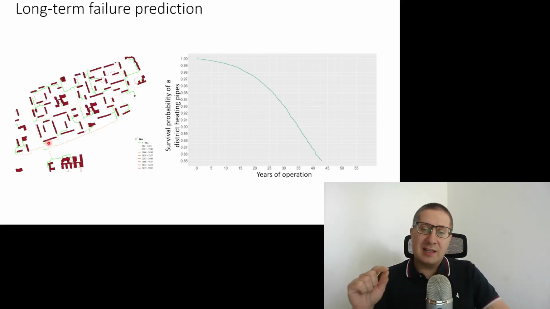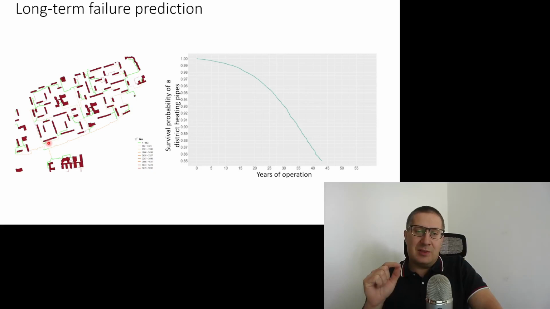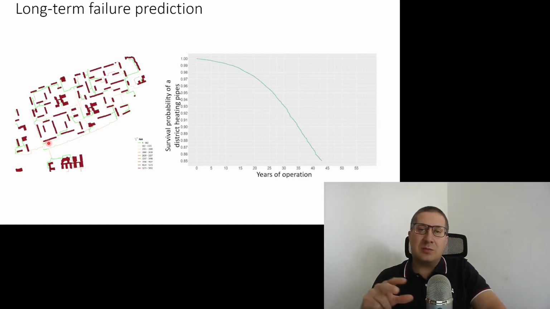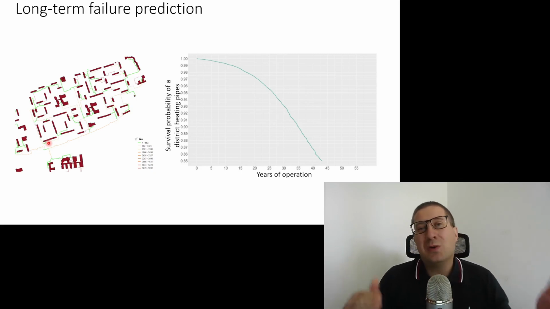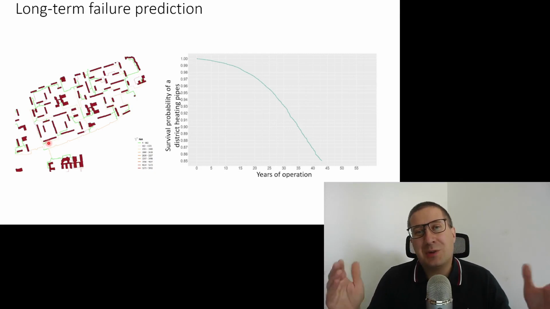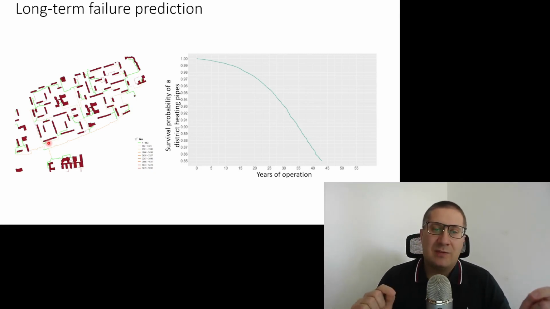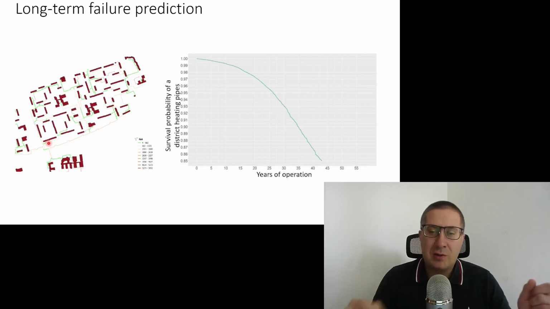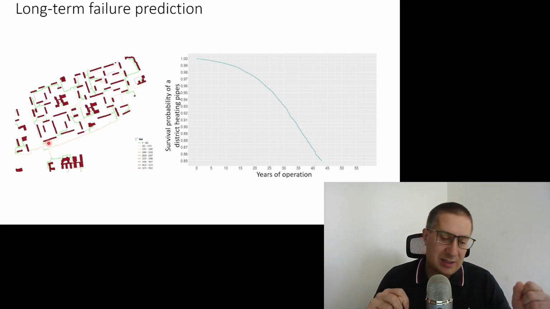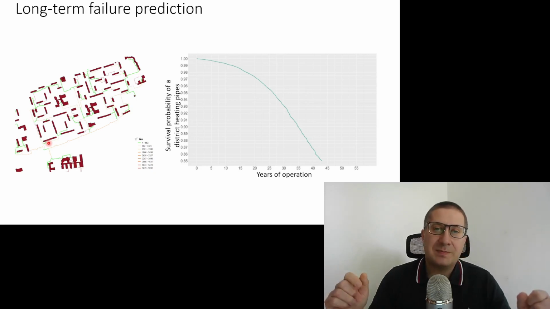And of course, the age is a very important factor. It's not the only factor that should be taken into consideration. Not always the oldest pipes are associated with the highest risk of a failure, but it's an important factor. So if you are developing such an algorithm, you should take into consideration this time factor, the age of equipment.